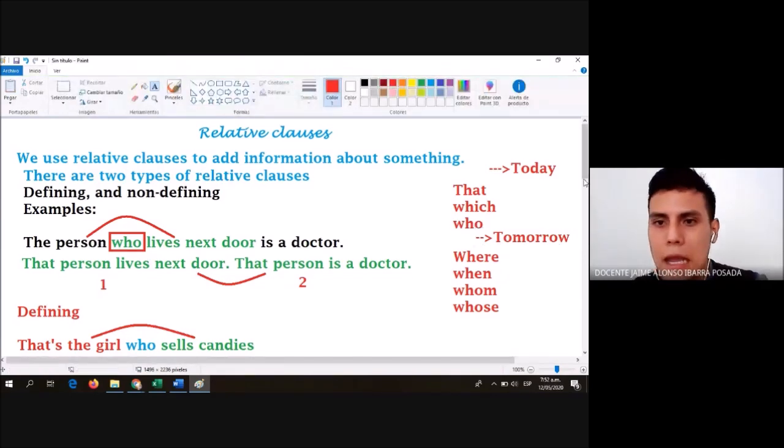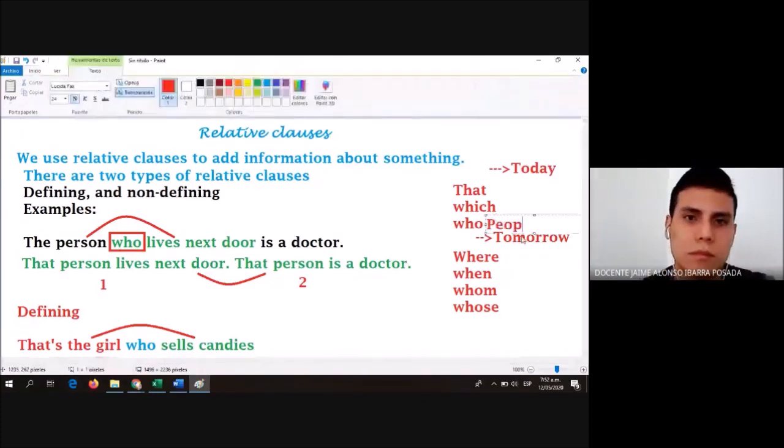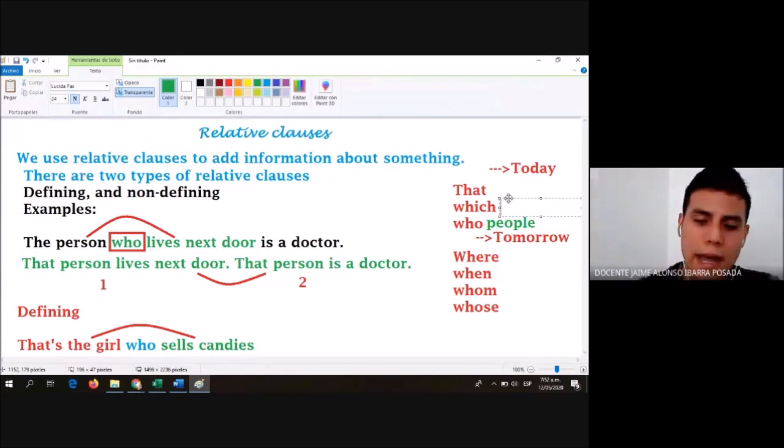Now, this is to refer to people. Okay, to people. This refers to animals, objects.